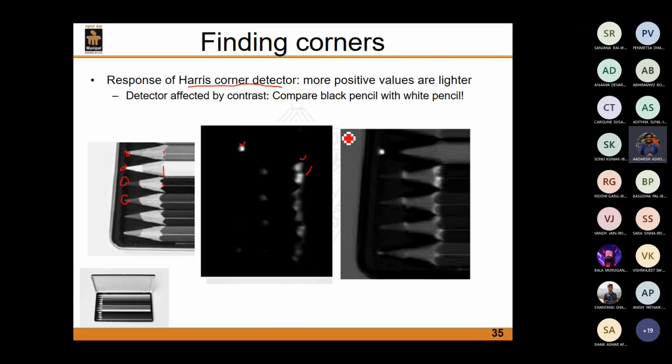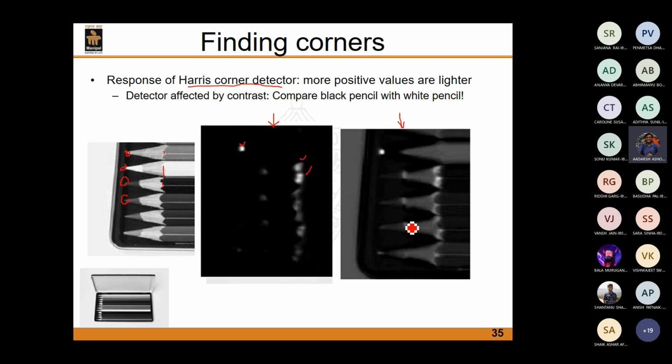Here, this is the output response of the Harris corner detector, and this image overlays that on the original image to show how exactly it is able to detect the corner points. So the Harris corner detector is a simple method by which you can find the corners using the concept that we just discussed.